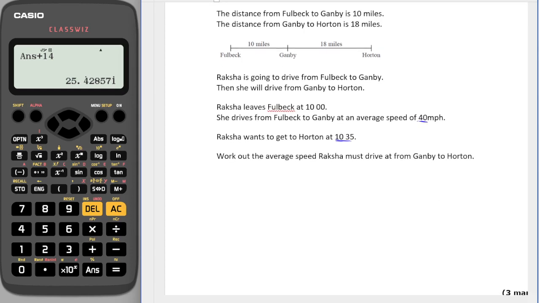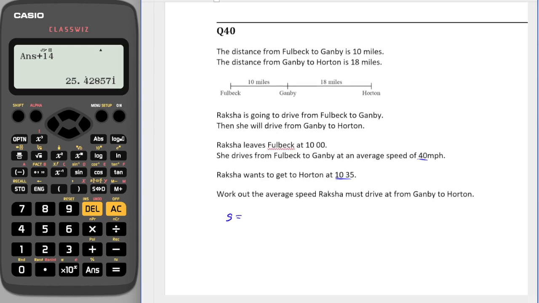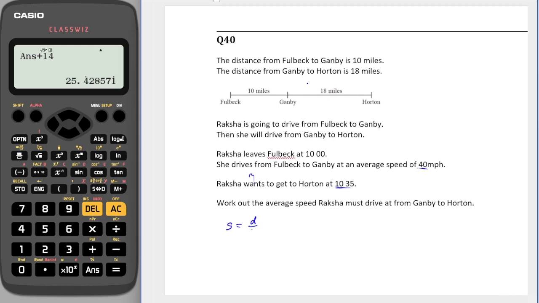So if you think of it like this, if she's traveling at 40 miles per hour and she needs to travel 10 miles at that pace, speed is equal to distance divided by time. We want time, so time is going to be equal to distance divided by speed. So 10 divided by 40 is going to be a quarter. So a quarter of an hour is 15 minutes.